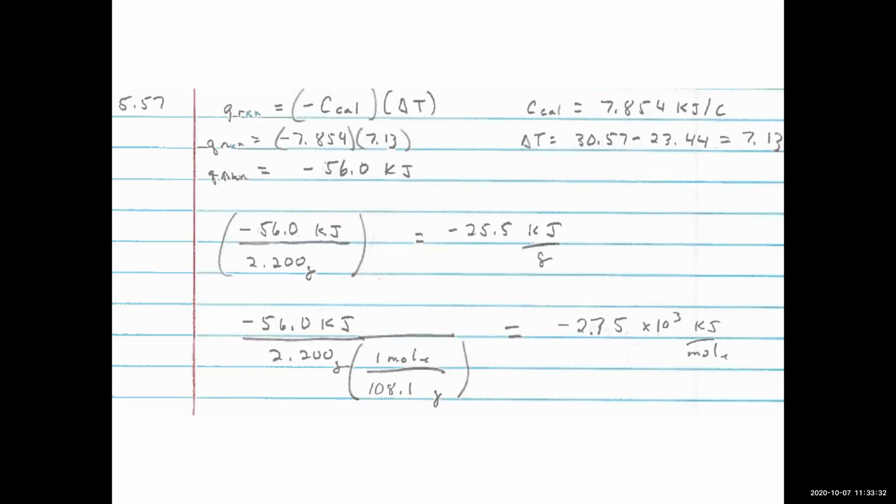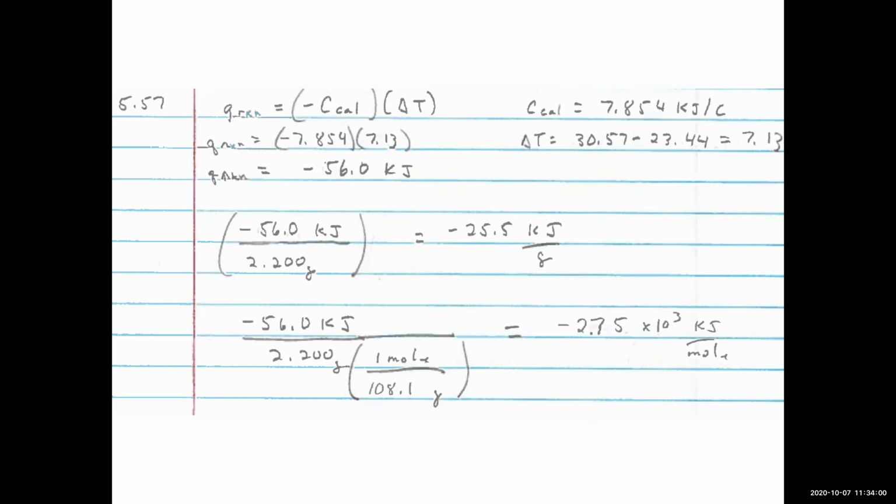And the calorimeter's heat capacity is 7.854 kilojoules per degree C. The temperature change within the calorimeter is it went from 23.44 degrees C to 30.57 degrees C. And it wants to know the heat of combustion per gram of quinone and also per mole of quinone.